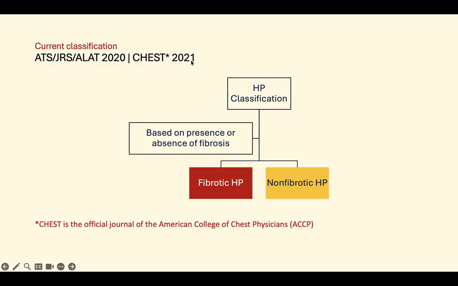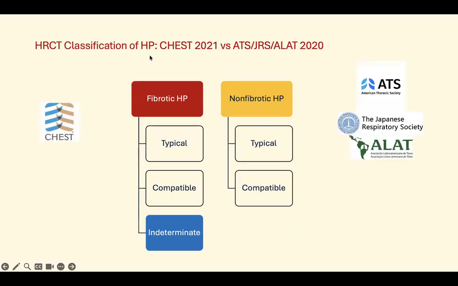So in 2021 was later than the 2020 American Thoracic Society and other societies classification, both CHEST. This is the logo of CHEST, the journal of the American College of Chest Physicians. And here we have the American Thoracic Society, Japanese Respiratory Society, and Latin American Thoracic Association. They are both the same, categorizing hypersensitivity pneumonitis into fibrotic HP and non-fibrotic HP.